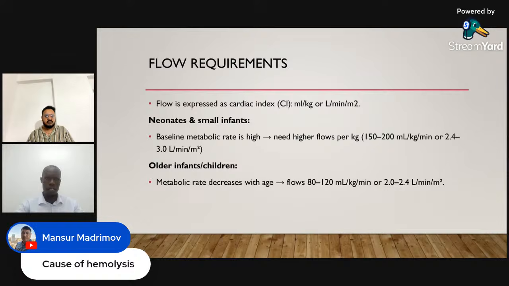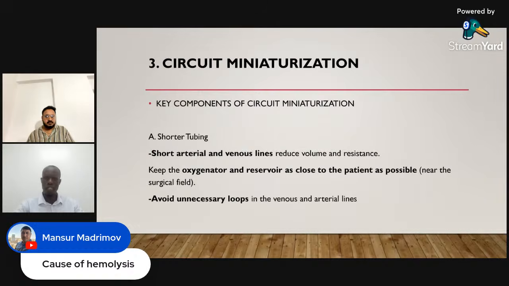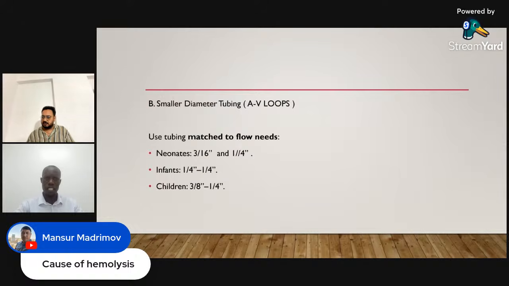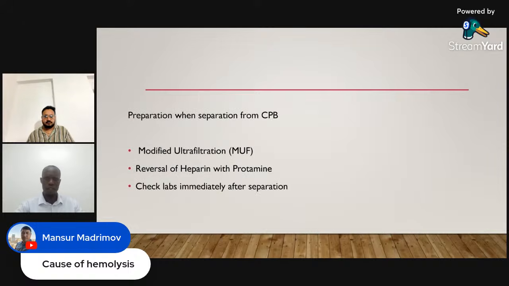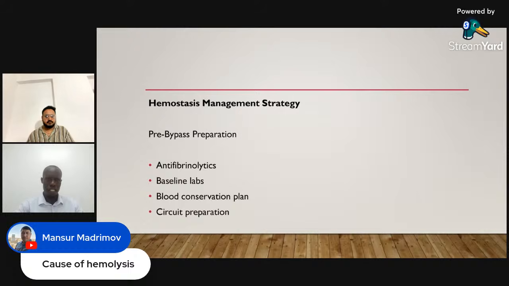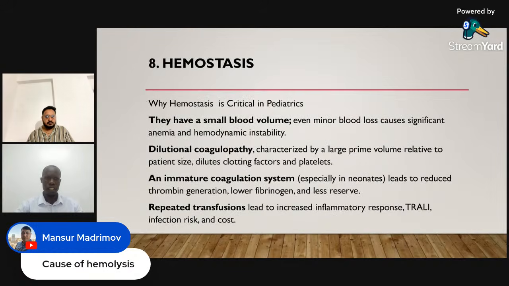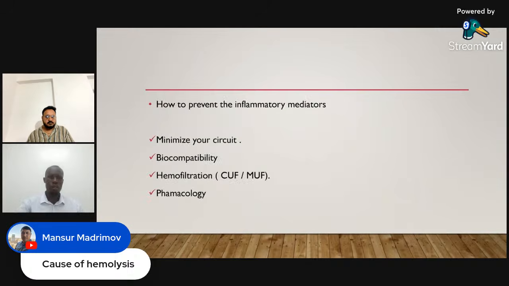I think it's not the 8th slide. Go to hemostasis. Okay. Uh-huh. Just ahead. Behind. Yeah, I think. Anyway, let me just talk to the.